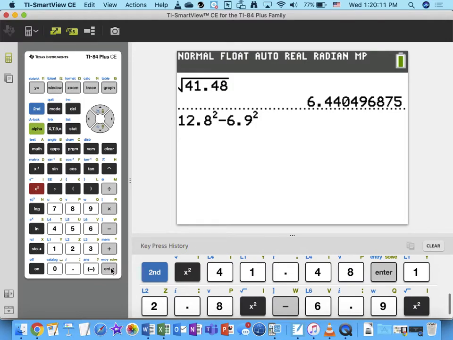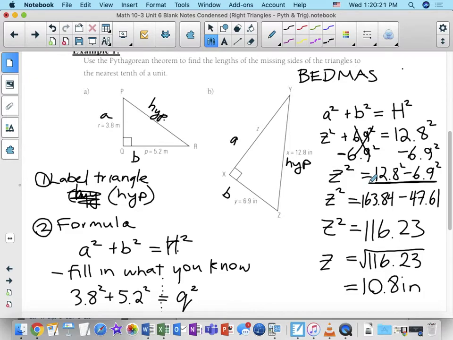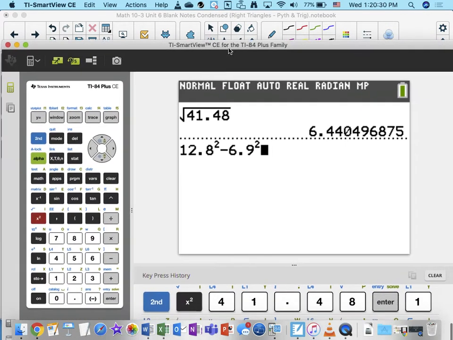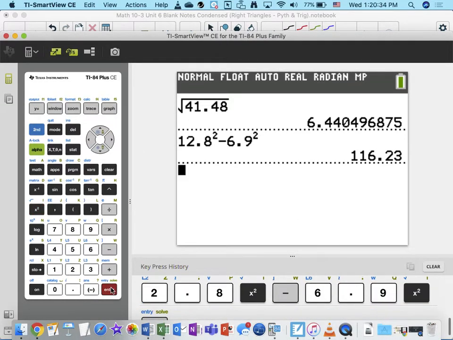Can you see that? That's the 12.8 squared minus 6.9 squared. Okay, and I can do that all on my calculator in one go because just about all scientific calculators can do BEDMAS. And if you hit enter, you get that 116.23 in one shot. Okay, so that can kind of speed things up a little bit.